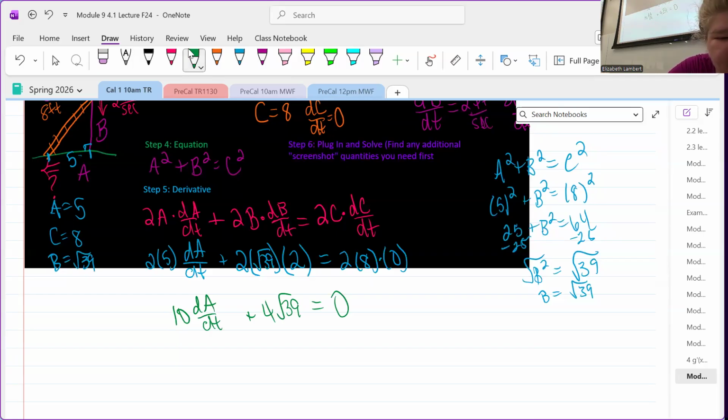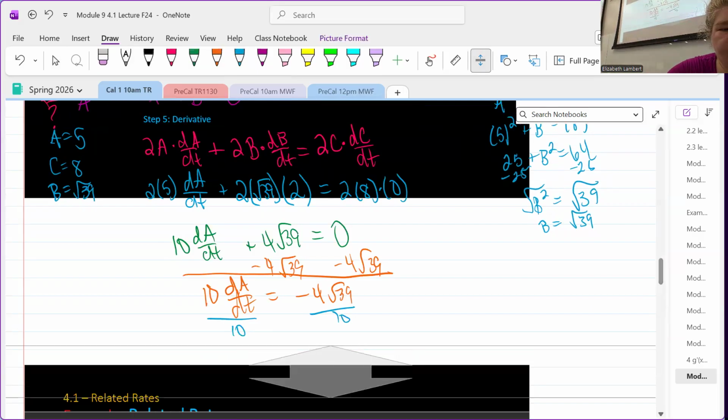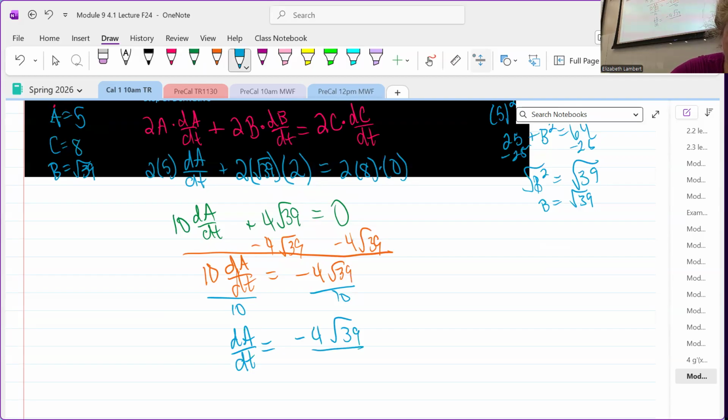So I'm going to subtract and then divide. So the 4 and the 10 reduce to 2 and 5.